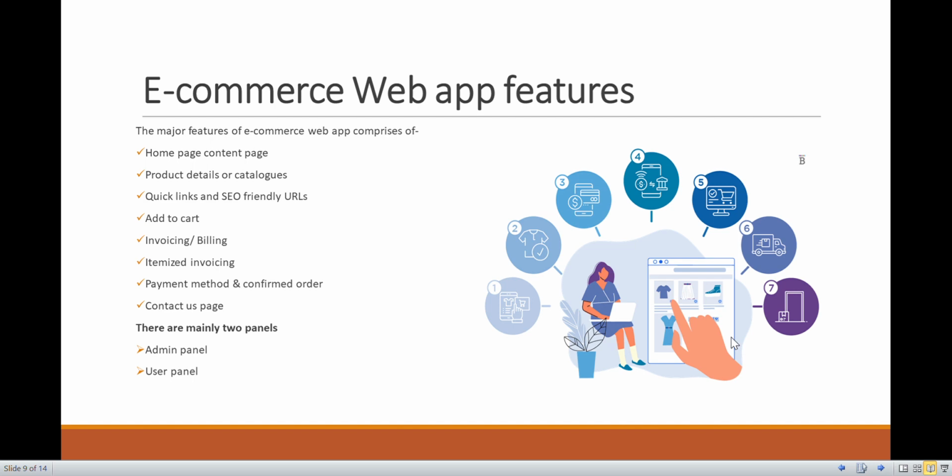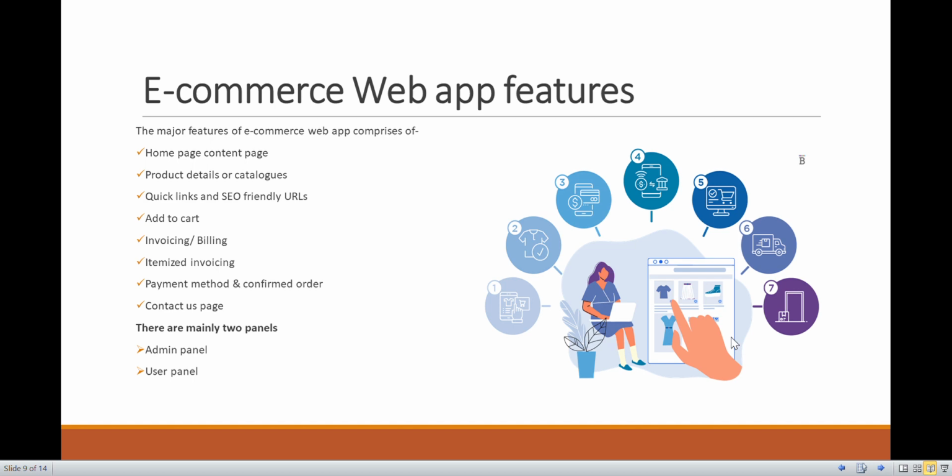We have an add to cart option, and we also have invoicing and billing options. We have itemized invoicing, different kinds of payment methods, order confirmation, and the contact page. In this e-commerce web application, as I said at the beginning, we have two different panels.